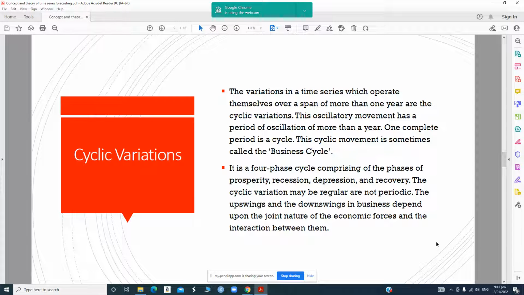So the cyclic movement is sometimes called the business cycle. So that's why you can have time of prosperity, time of recession, time of depression, time of recovery, and so on and so forth.